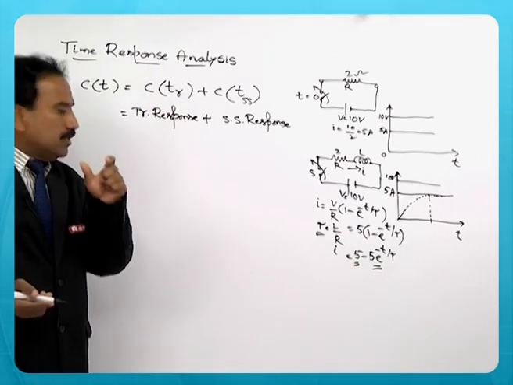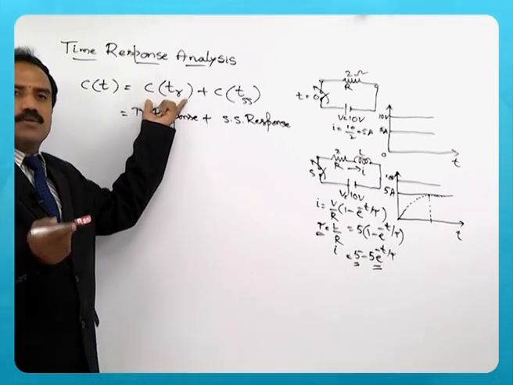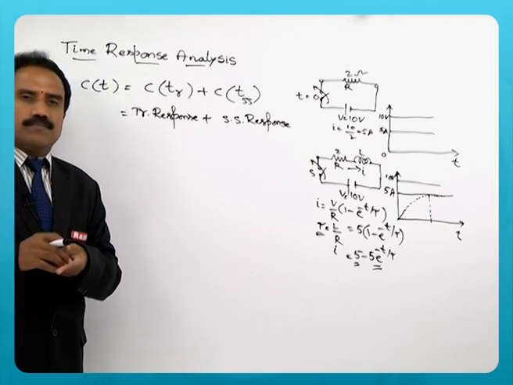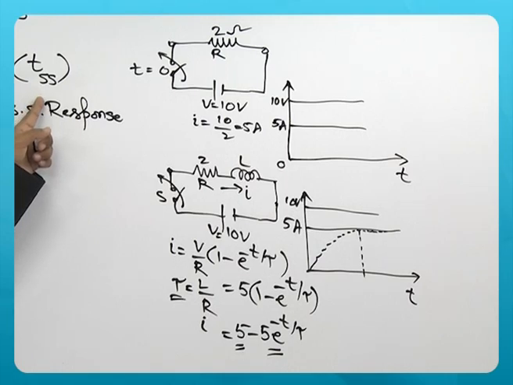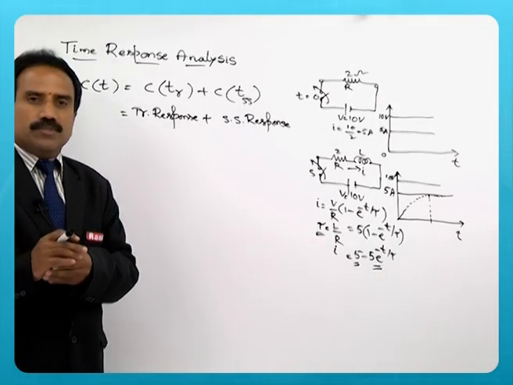The exponential term in the response is the transient part that is going to vanish as time approaches infinity, and the next is the steady state response that will remain even after transients have died out.